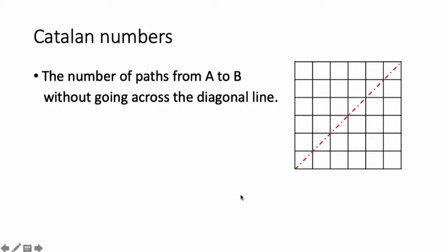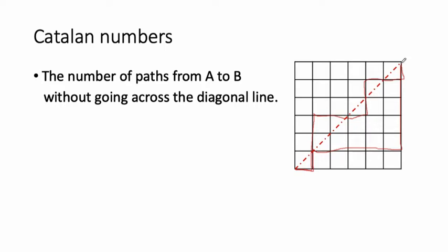So what this means is that we can walk a route like this. I'll draw a route like this. This route will be valid because it doesn't go across the diagonal line, while this route will not be valid because in this route from A to B, we go across the diagonal line.